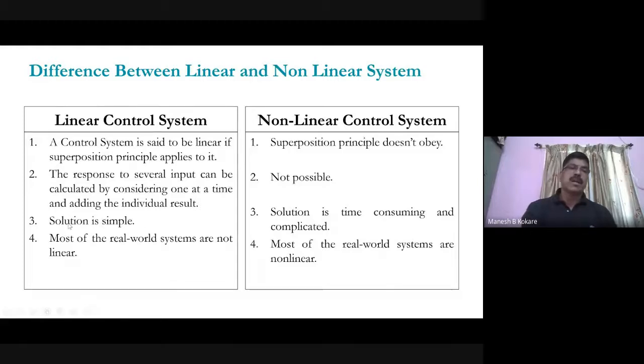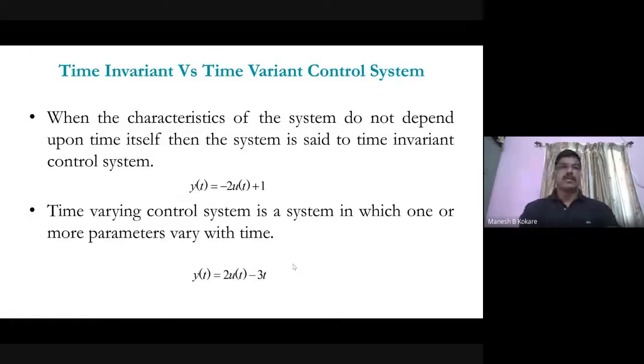Third, the solution in a linear control system is simple, whereas in a nonlinear control system it is time consuming and complicated. And the fourth most important difference is that most of the real world systems are not linear, whereas most real world systems are non-linear control systems.